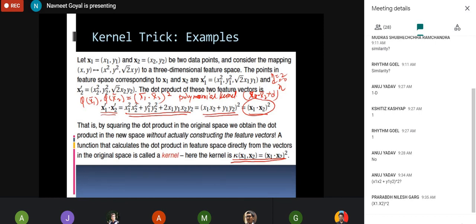So we have been able to convert calculations in the feature space to calculations in the input space. What we have done by doing this is that we have avoided the curse of dimensionality. Are you getting this? And this is called the kernel trick.